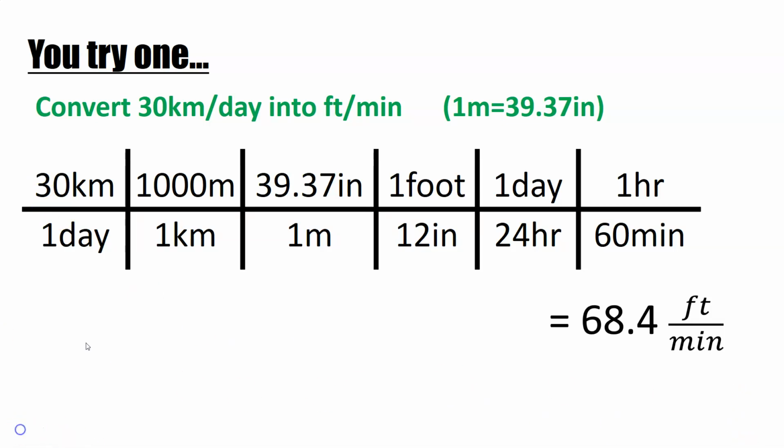Okay. The other thing that people will sometimes tell me is that they know how to do dimensional analysis, they know how to cancel units, but they don't know how to string together the conversion factors in the right order. They don't know how to figure out which conversion factors to use.